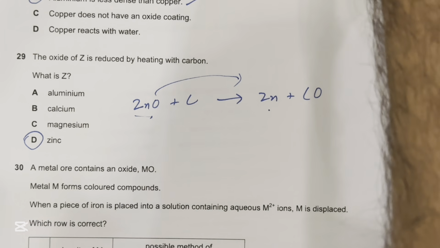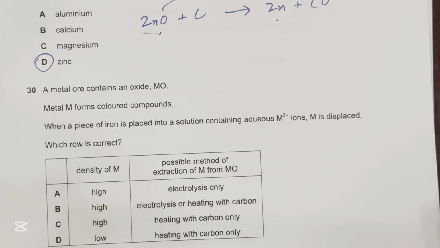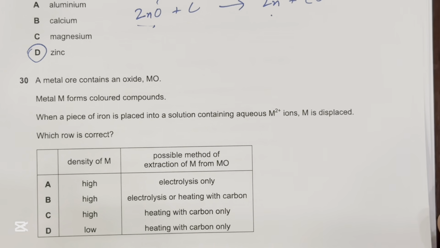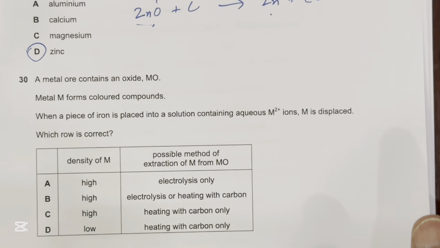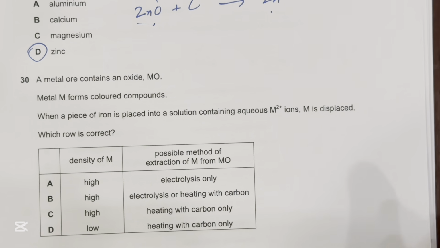Now moving to question number 30. A metal ore contains an oxide MO. A metal M forms colored compounds, so it means it should be a transition metal. When a piece of iron is placed into a solution containing M2+ ions, M is displaced. Which row is correct? It's a transition metal, so its density should be high.